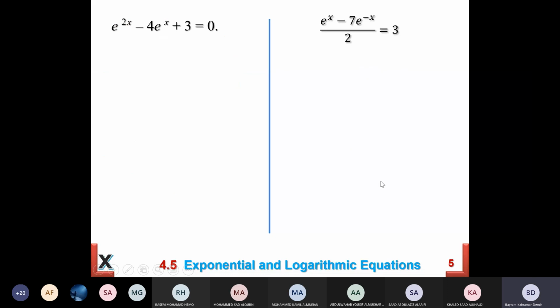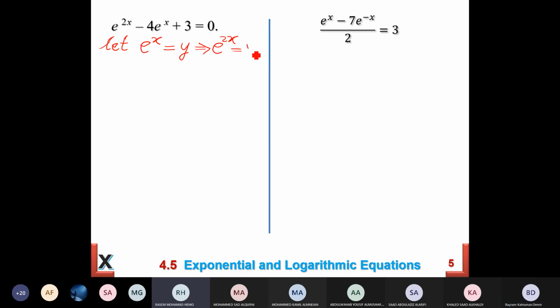What is next, Shabab? We have e to the 2x minus 4 times e to the x plus 3 equals 0. Well, suppose we substitute: let's just call e to the x, y. Then what is e to the 2x?